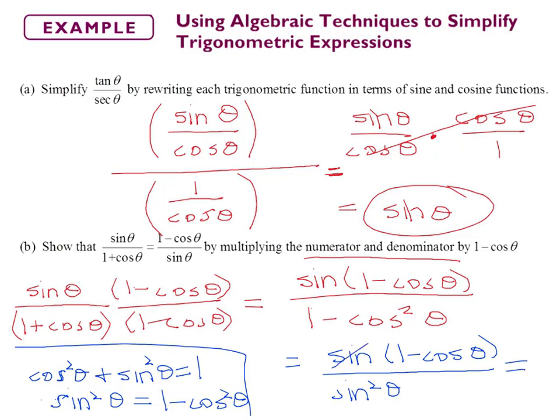We can cancel one of the sines with one of the sines, and we get 1 minus cosine theta over sine theta. Okay? Any questions? All right.